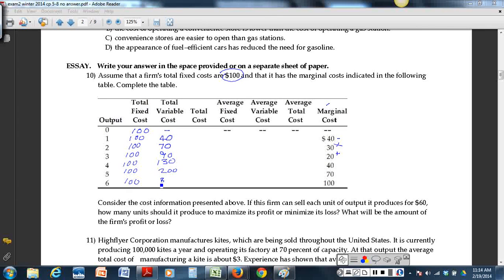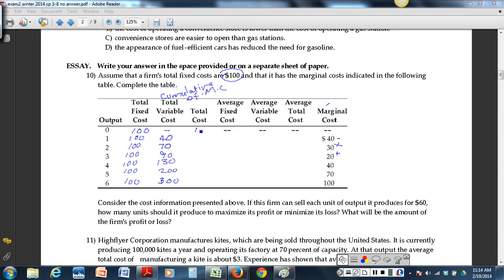So that would be 300 in total. So this is the total variable cost. This is simply a cumulative number of all the marginal costs really. That's all it is.